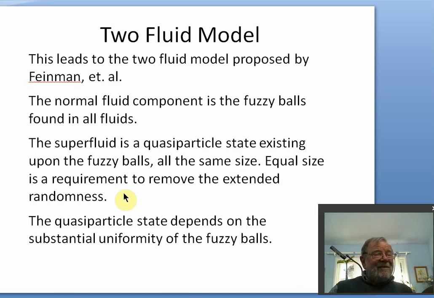So it allows the quasi-particles to extend over the entire length of the fluid. So the quasi-particle state depends on the substantial uniformity of the fuzzy balls to remove what would be called scattering.